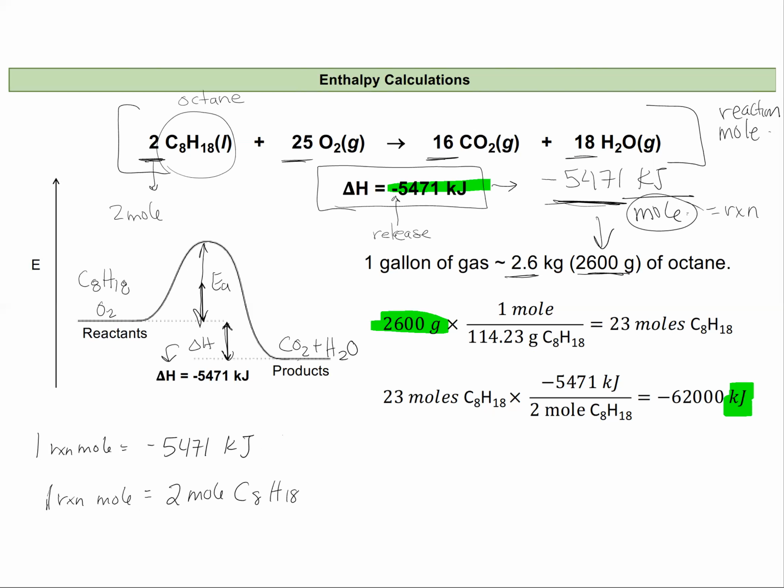Now I have mass of octane, not moles, so I'm probably going to need to use my molar mass of octane as a conversion factor as well. And if I calculate that from the periodic table, it's 114.23 grams of octane will equal 1 mole.